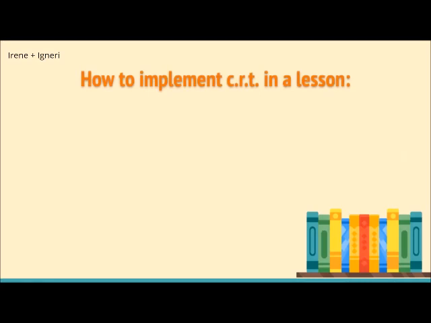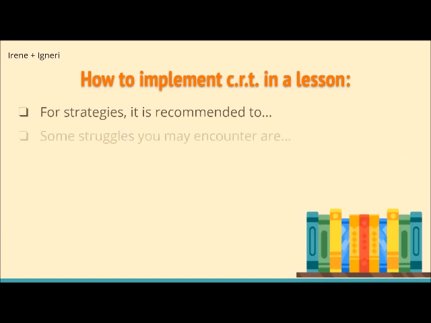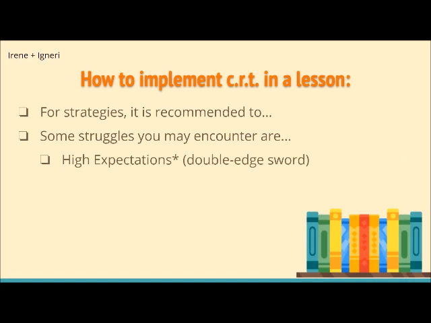So how to implement culturally relevant text in a lesson? For strategies, the thing that is most recommended to do under any scenario is to get to know your students, because this is essentially the storyline for you to be able to pinpoint which culturally relevant text to use in the classroom. Exactly.